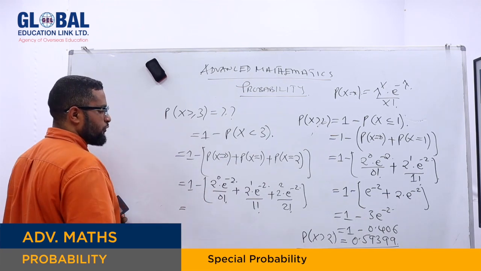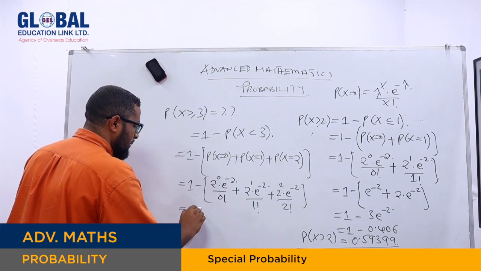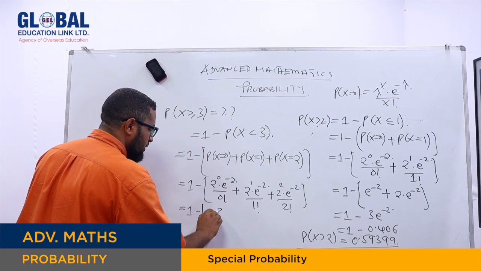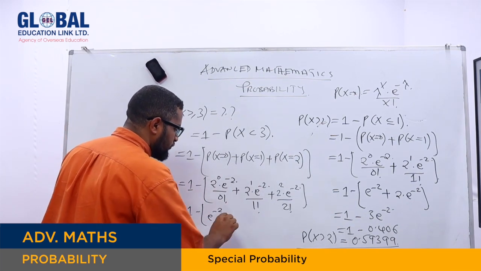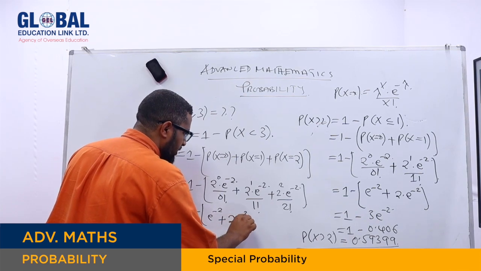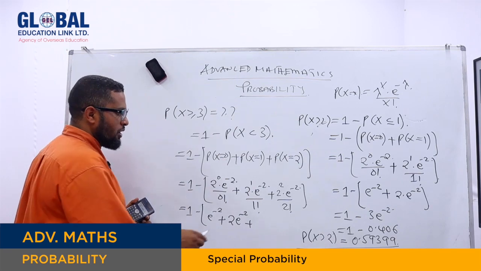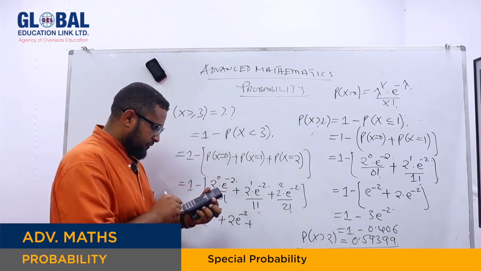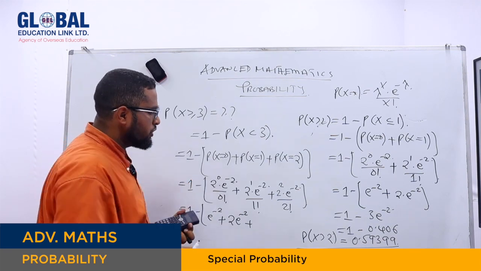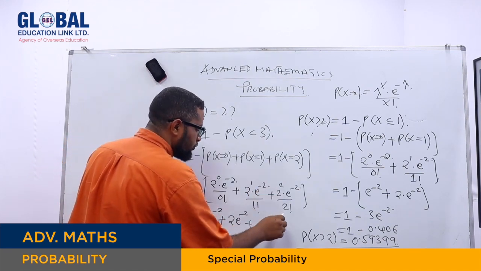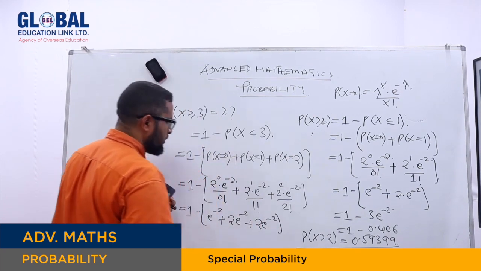What next is to simplify. 0 factorial is equal to 1. 2 power 0 is equal to 1. So it is 1 minus, here we have e power negative 2, plus 2 power 1 is 2, so it is 2e power negative 2, plus 2 power 2 is 4. But what is 2 factorial? 2 factorial is equal to 2. So 4 divided by 2 is equal to 2e to the power of negative 2.